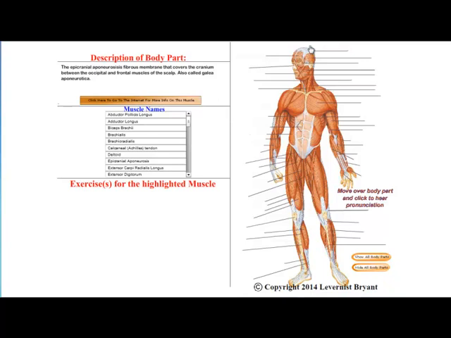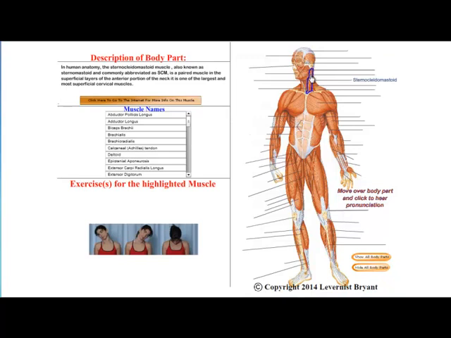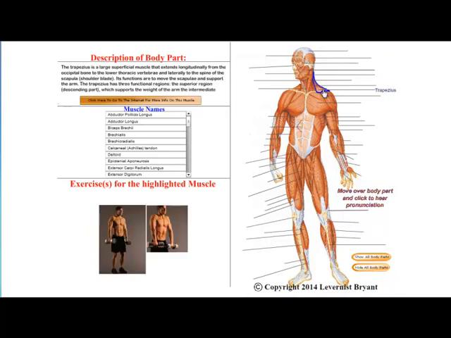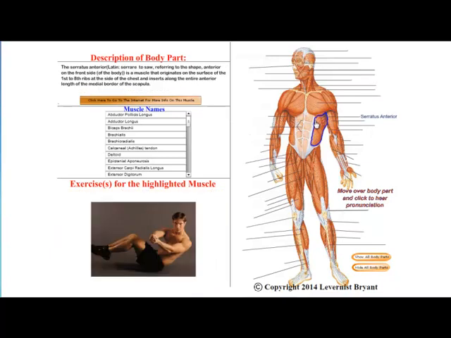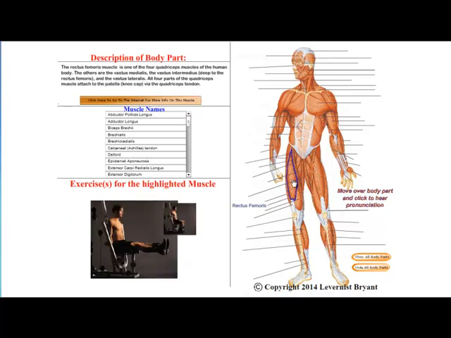The first one is the interactive rollover. Once you roll over it with your mouse, you can see that the name of the muscle comes up over here. So anytime I roll over a body part, it shows that muscle, and to the right of it, it shows the name of that muscle.